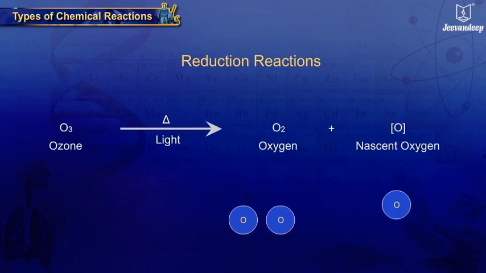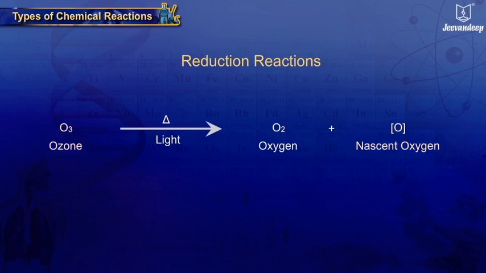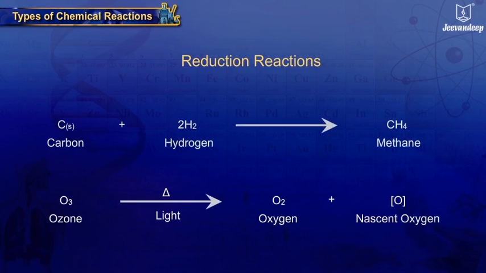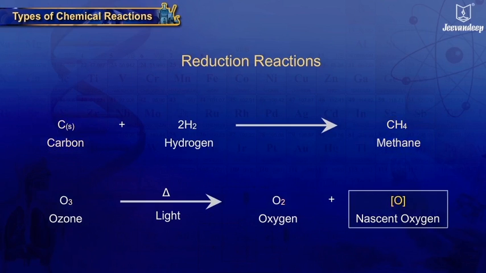In this case, an atom of oxygen in the form of nascent oxygen is removed from the molecule of ozone. Both these reactions are examples of reduction reactions, as in the first case, hydrogen is added, and in the second case, oxygen is removed. Nascent oxygen is freshly liberated oxygen in atomic form, which is highly reactive.